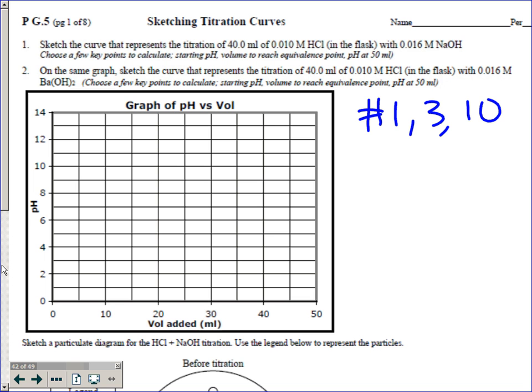And I would definitely use that little graph there to construct the graphs that it's asking you to graph.